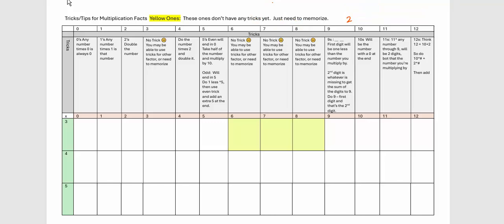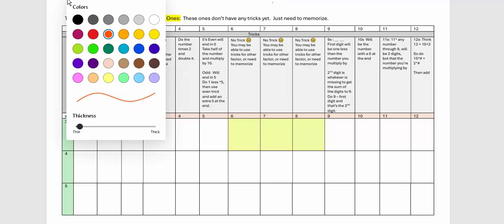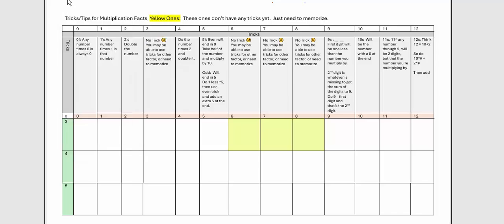So the trick for the 8s that you might find helpful is that just like 4, you can do times 2 and then double it. Well, 8 is the same as 2 times 4, which is the same as 2 times 2 times 2. So the prime factorization for 8 is 2 times 2 times 2. So if we had to do something like 6 times 8, we could also do 6 times 2 times 2 times 2. 2 times 2 is 4, and then 4 times 2 is 8.